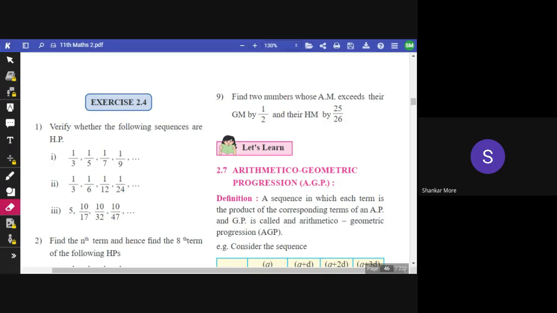Arya, Suraj, I hope you are solving. Okay, Suraj has got A is equal to 1, R is equal to 3.